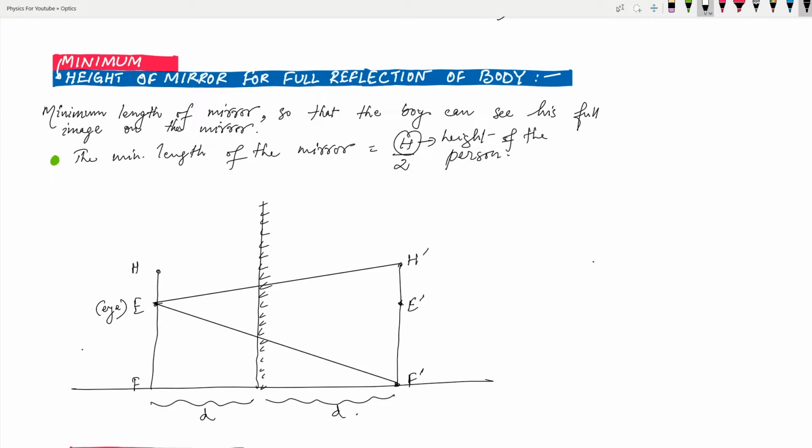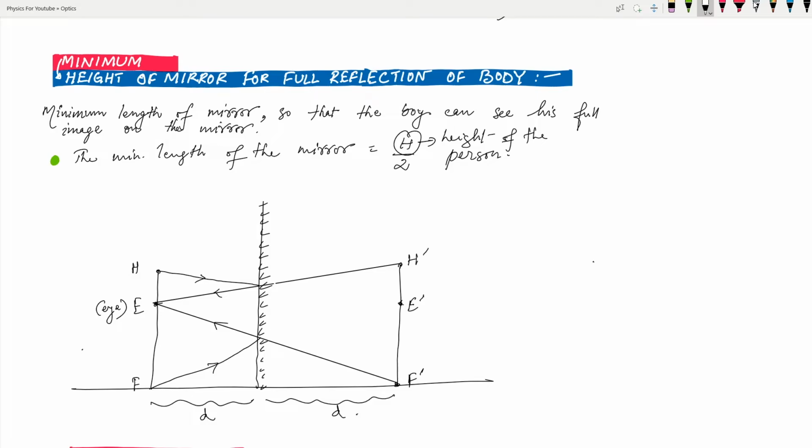Now let's understand from where these rays are coming and entering our eyes. It is coming from the head, incident on the mirror, and then entering our eyes. For the case of the foot, rays are coming from the foot and incident on the mirror. The drawing is not good, but I think the concept is being cleared. So it's coming from the foot and then entering our eyes.